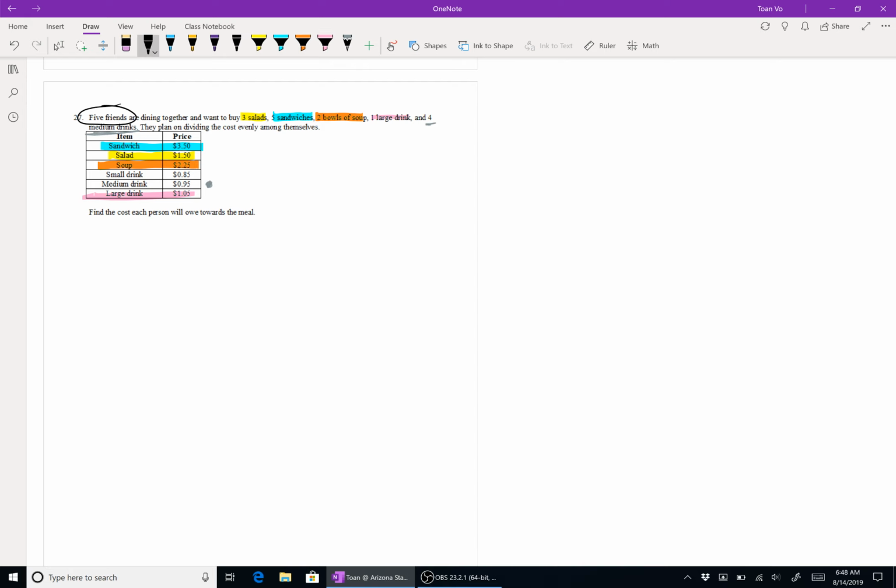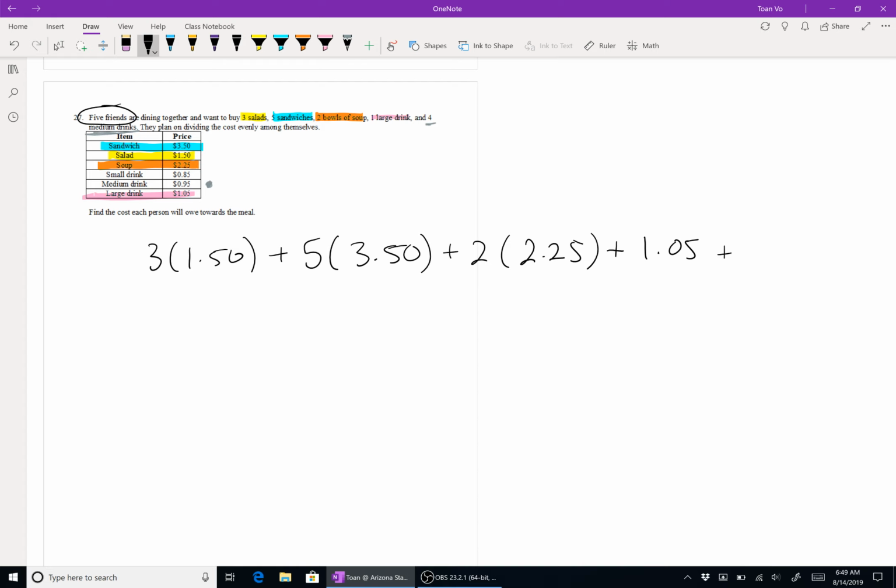So you have 3 salads at $1.50 per, 5 sandwiches at $3.50, 2 bowls of soup, which is $2.25, 1 large drink, which is $1.05, and 4 medium drinks, which is 95 cents each.